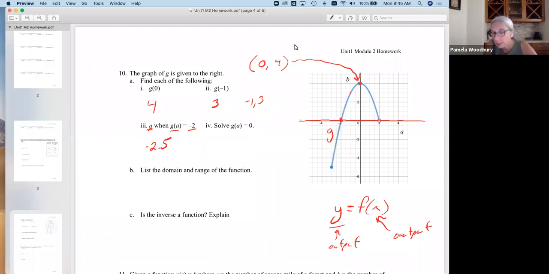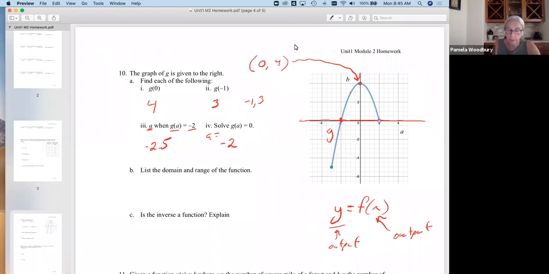It kind of looks like it happens here, but it really doesn't, because that's an open circle, which means the graph isn't actually touching there. That's a hole. So it's really only in one place, and that is when a equals -2. So when a equals -2, g at a, or my output, is equal to 0.